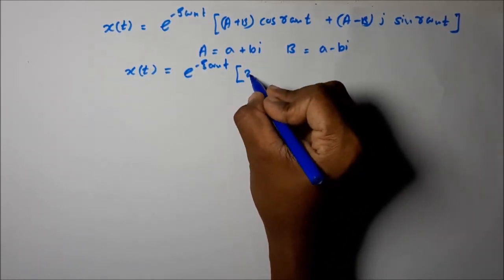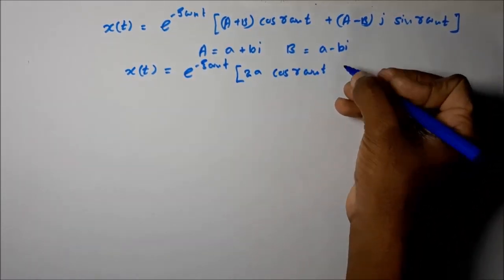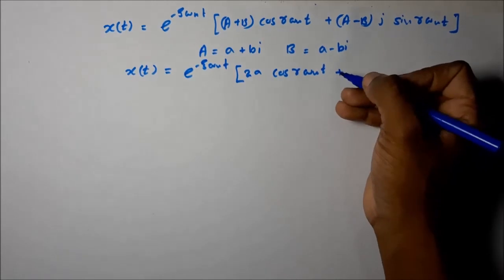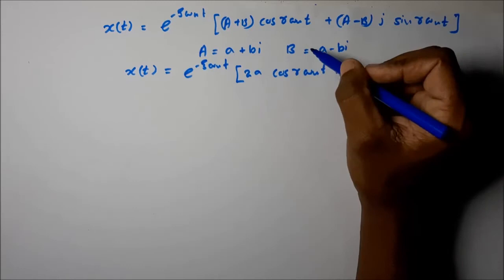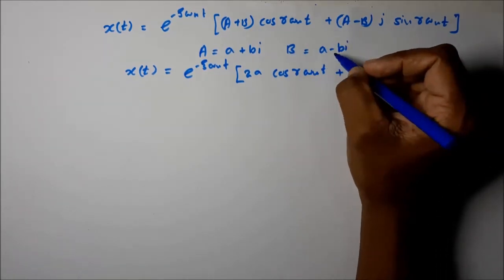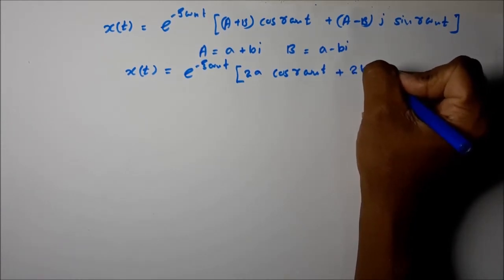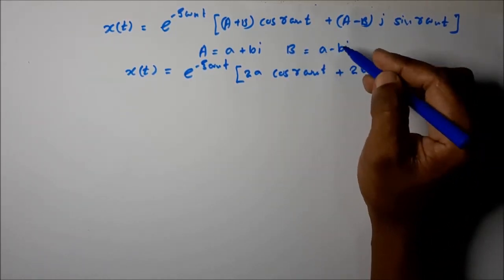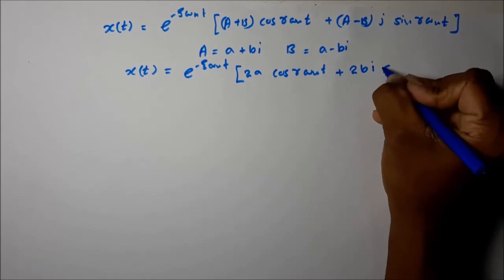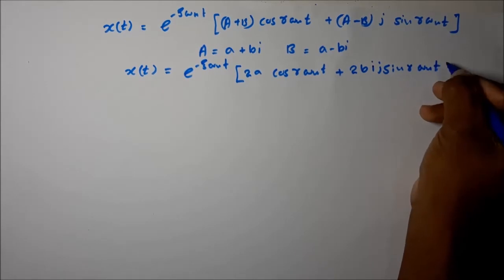That means 2a cos gamma omega n t, plus A minus B, which means 2bi, times j sin gamma omega n t.